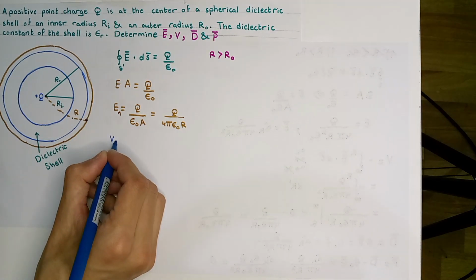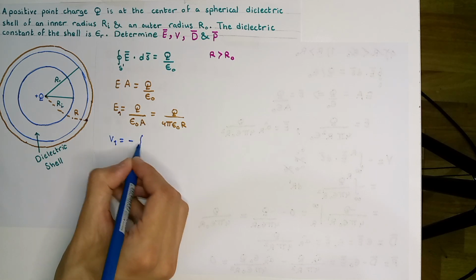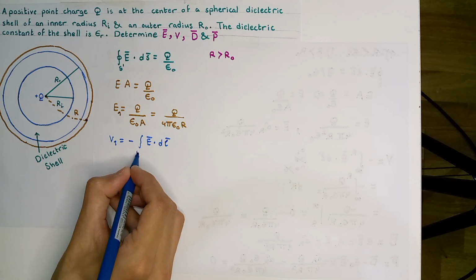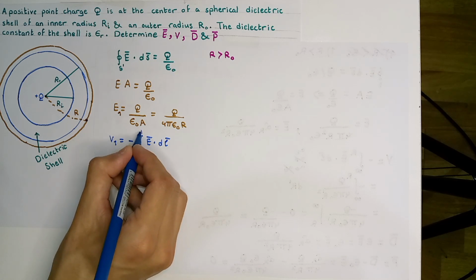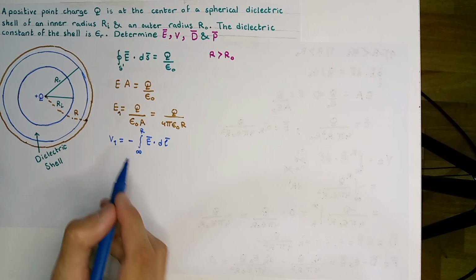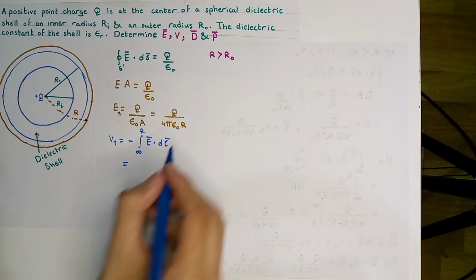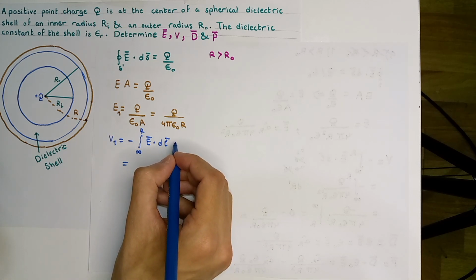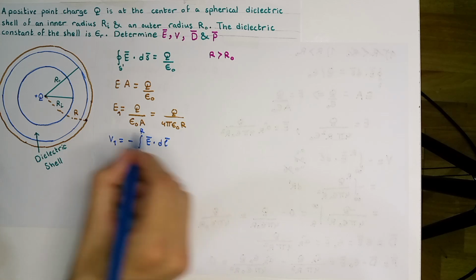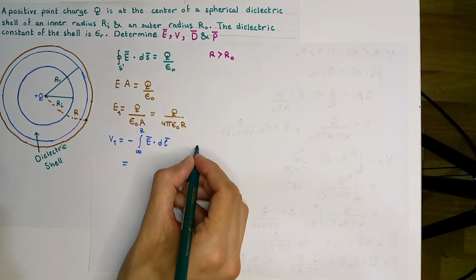Now let's find the electric potential. The electric potential is equal to the negative of the line integral of the electric field, and the bounds of this integration are infinity and R. We use infinity as a reference. This dl is the differential length, which is the algebraic summation of the differential lengths in the three coordinates, and in this case we are handling the spherical coordinate system.